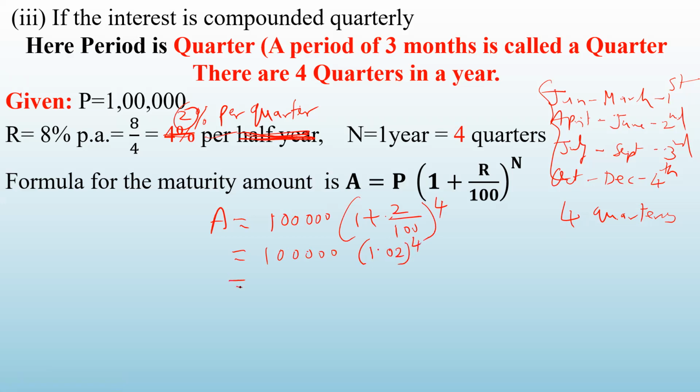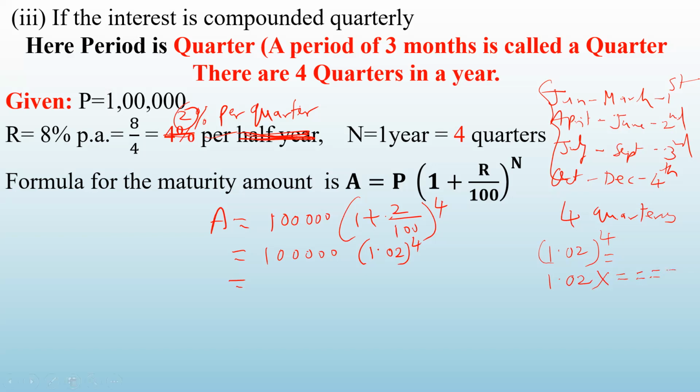When you simplify 1.02 raised to power 4, as I mentioned before, in your non-programmable calculator, how do you calculate this value? You first press 1.02, then the multiplication symbol. If you want power 4, then you press the equals sign 3 times.